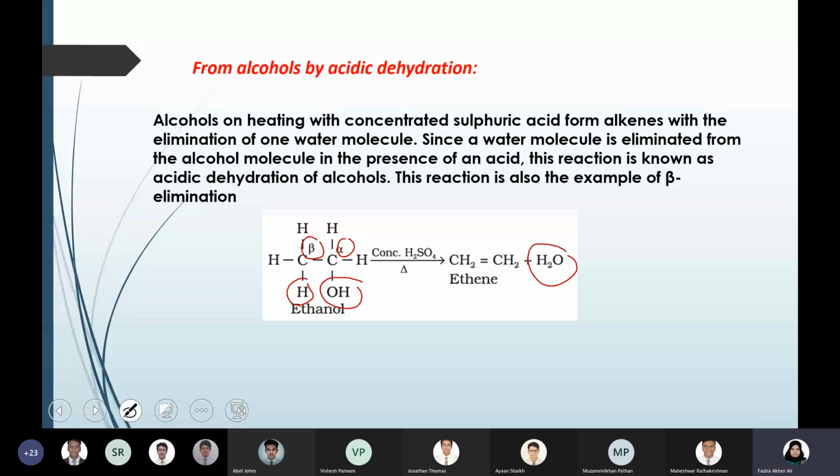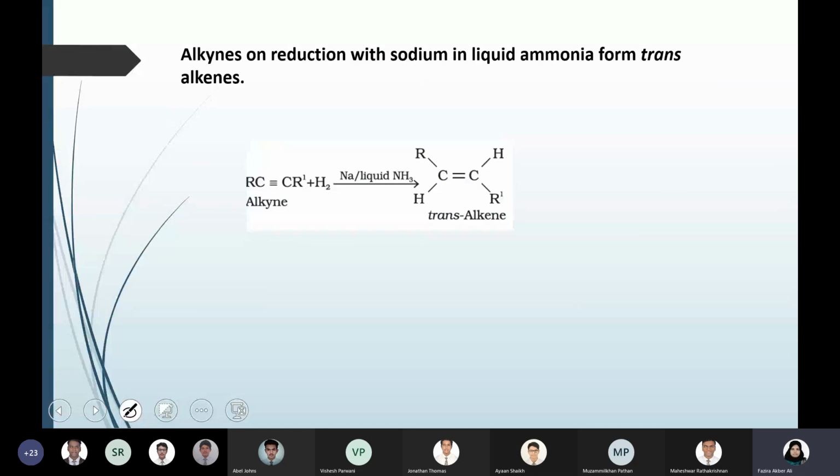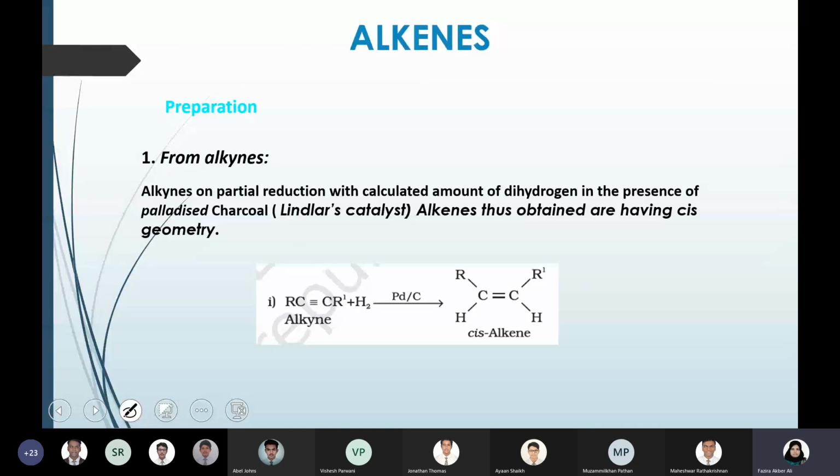So before we leave this first period, let's go through the preparation of an alkene quickly. We started from an alkyne: a triple bonded compound can be converted to a double bonded compound by reduction, that is adding hydrogen. But reduction can be done in two different conditions. First one was Lindlar catalyst, that means using palladized charcoal.